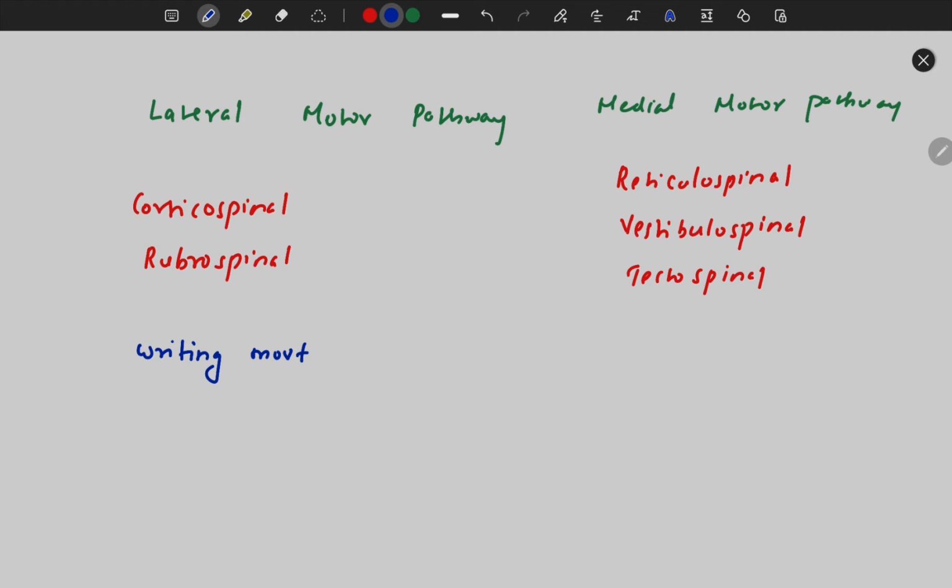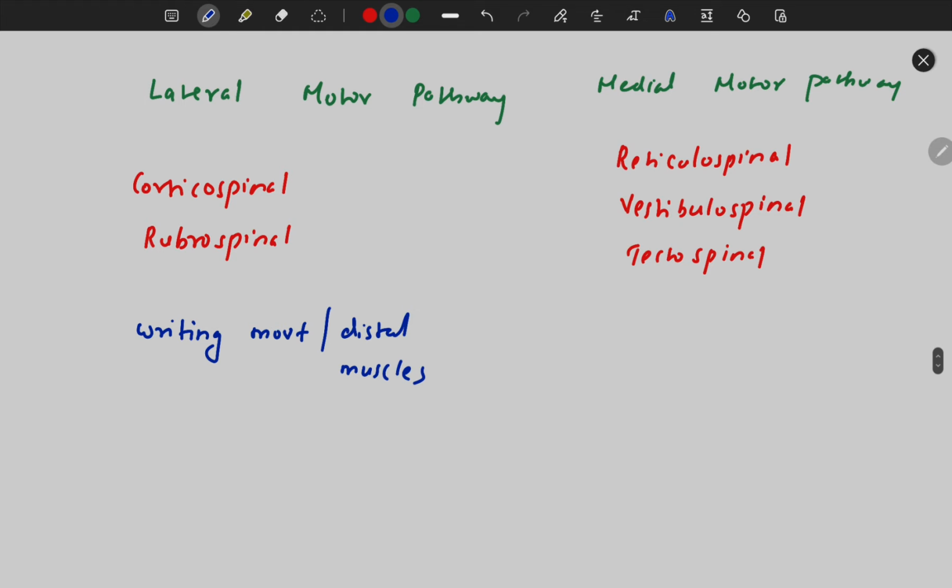These writing movements involve our distal muscles, and so this is a type of skilled voluntary motor movement.